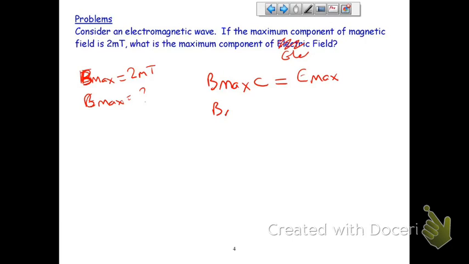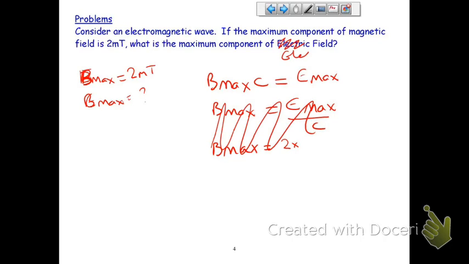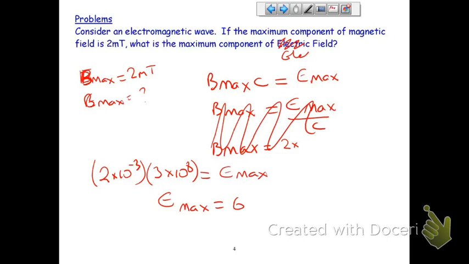So E max is 2 times 10 to the minus 3 times 3 times 10 to the 8. So E max is equal to 6 times 10 to the 5.